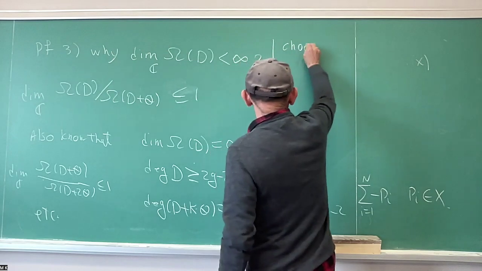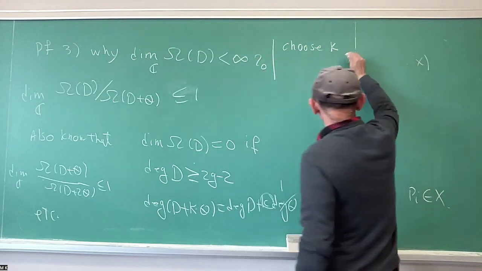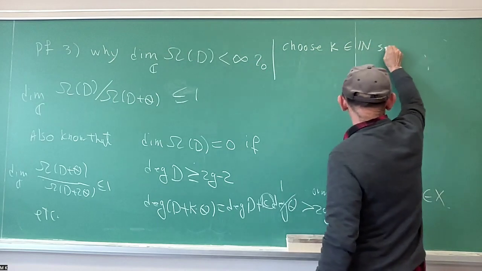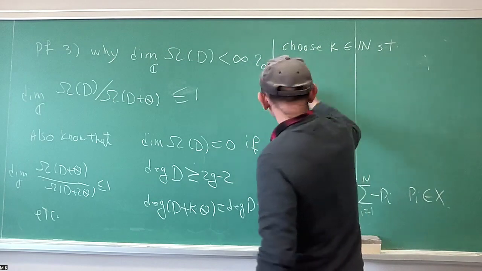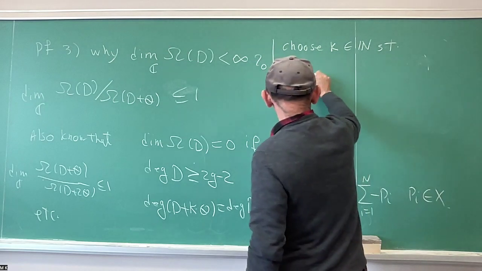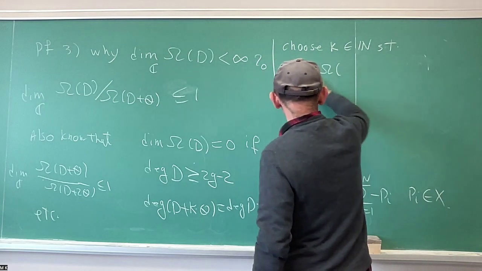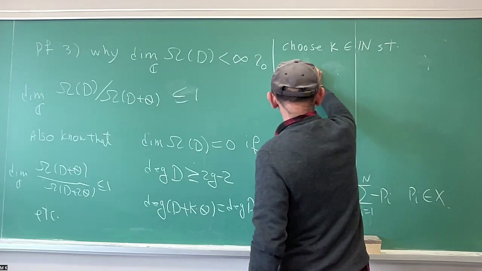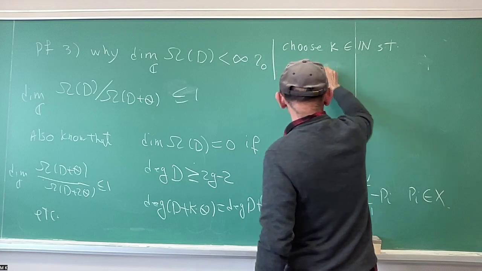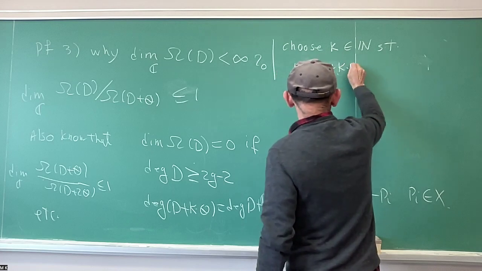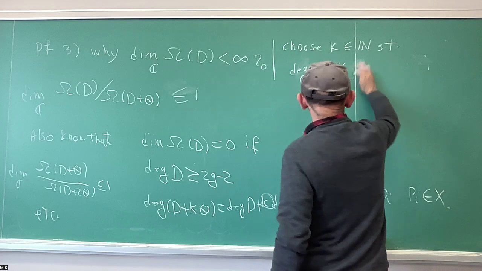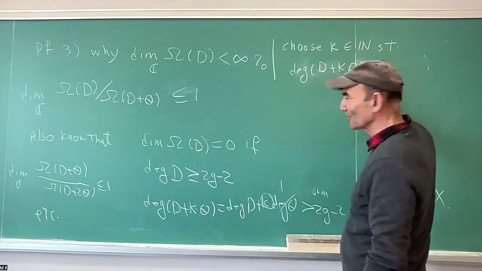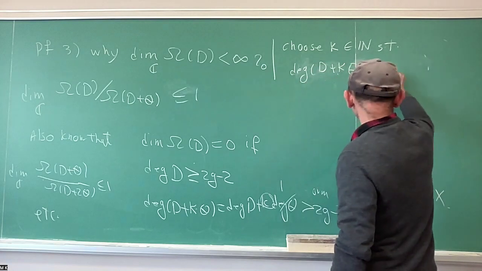Choose k belonging to N such that the degree of D plus kQ is bigger than 2g minus 2.